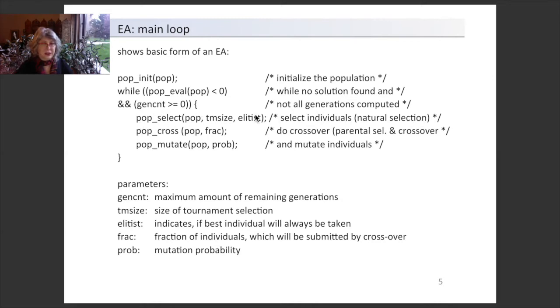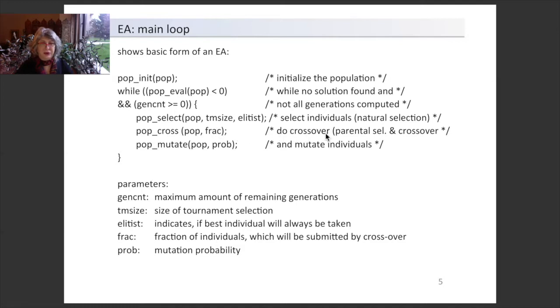So select individuals, and apply on them the cross operation, population cross. We have the parameter pop, again the population, and a variable showing the portion on which we will apply crossover.